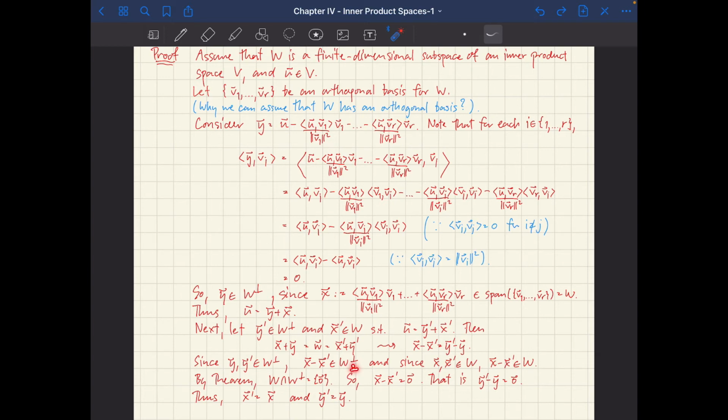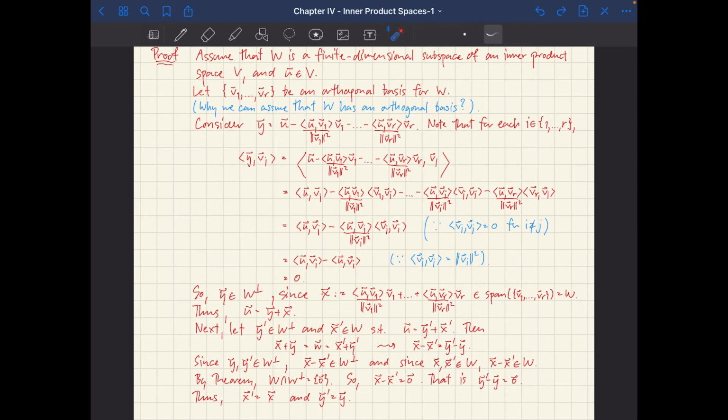And since x and x prime are elements in W and W is a subspace, then x minus x prime is an element in W. What does it mean? It means that x minus x prime is an element of W and W perp, right?